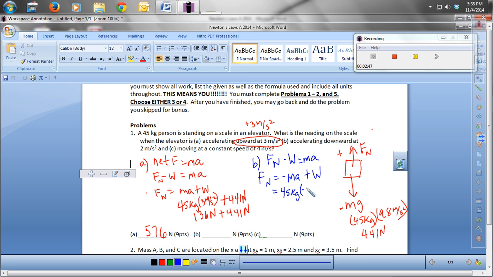My acceleration is -2 because it's downward. And I'm going to add 441 to that. So I have -90 plus 441. So my force normal is going to be equal to 351 newtons.